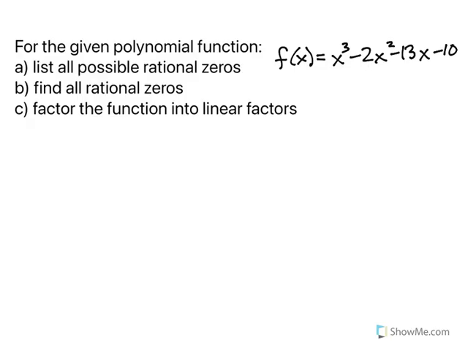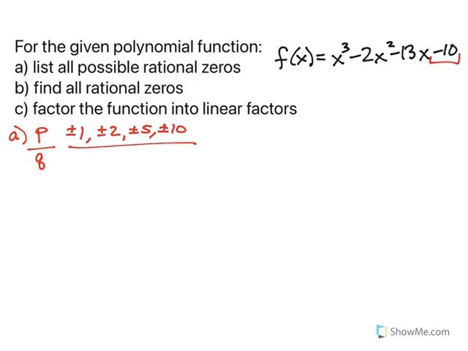So part A, possible rational zeros. This is where we use the P over Q idea, where P are the factors of our constant. So the factors of negative 10. We have plus or minus 1, plus or minus 2, plus or minus 5, and plus or minus 10. All of those can go into a negative 10.